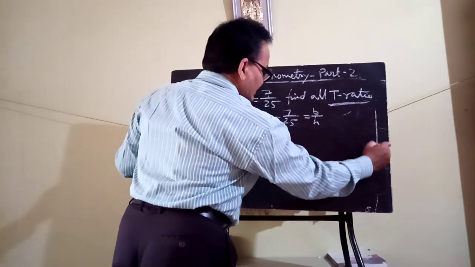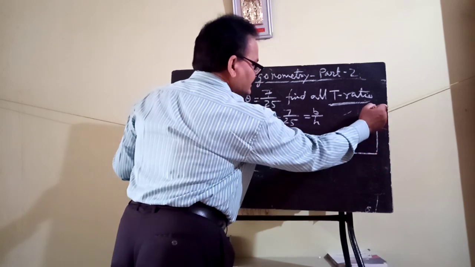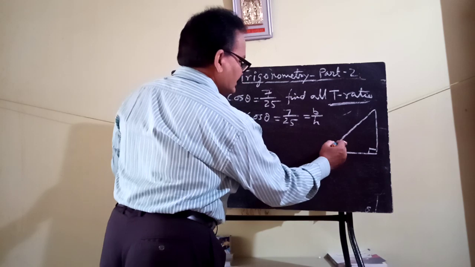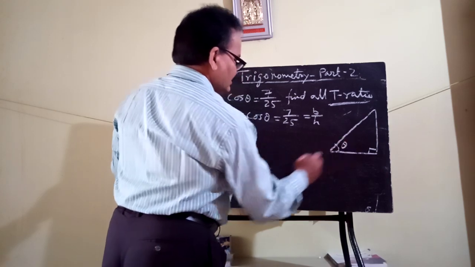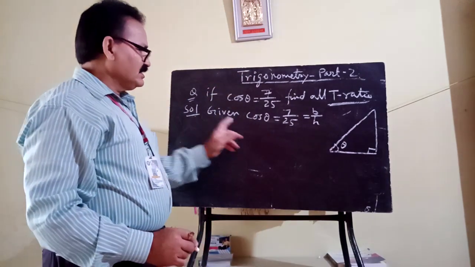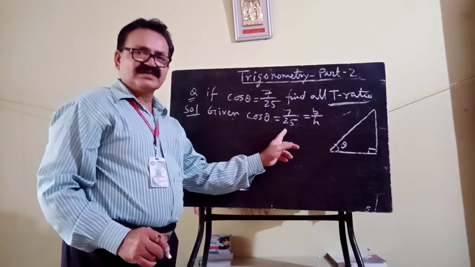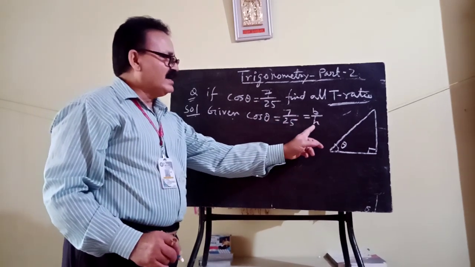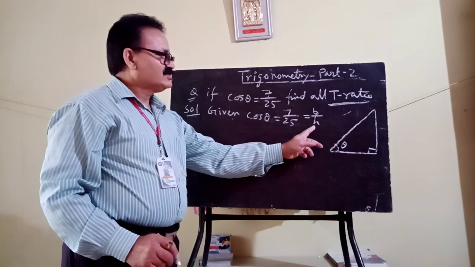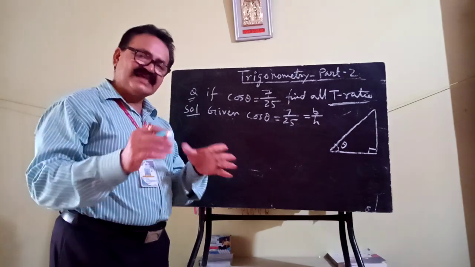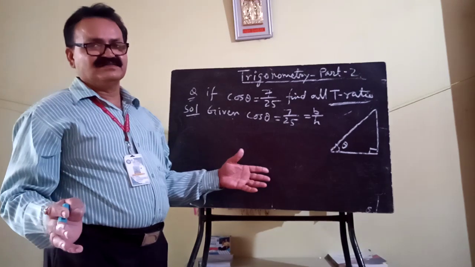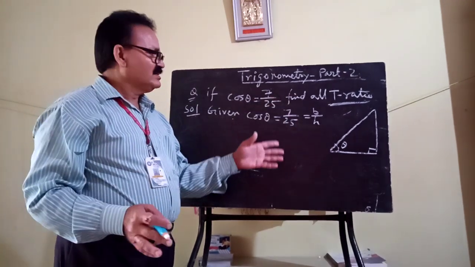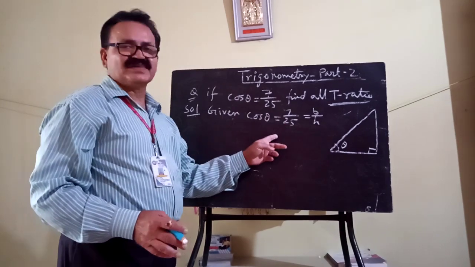Take a right angle triangle where you put this angle as theta. So the value of cos theta is 7 by 25. This is the ratio between base and hypotenuse. Since it is a ratio, the HCF has been divided out from both numerator and denominator, so you have it in the simplest form.